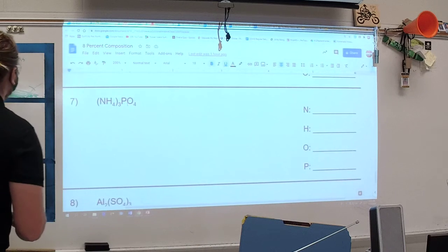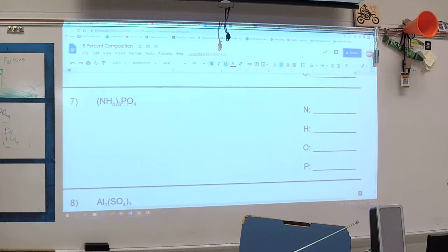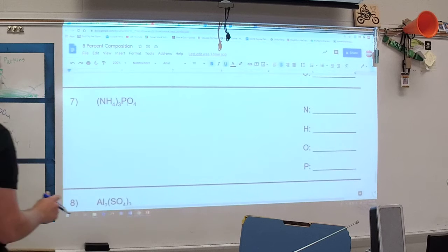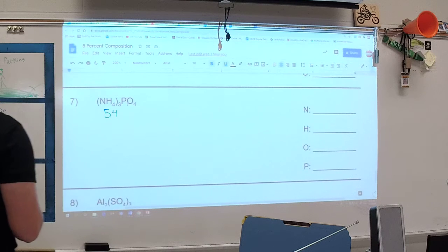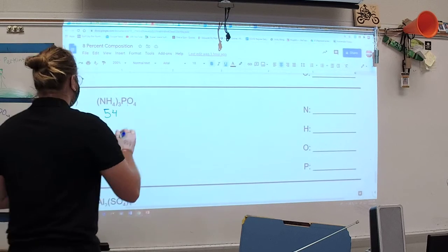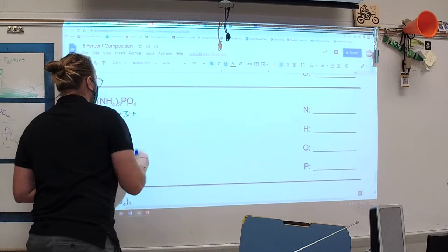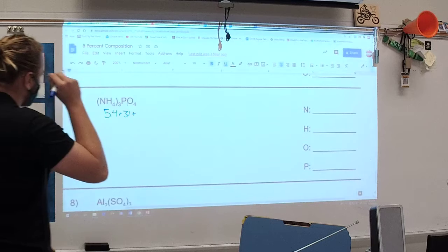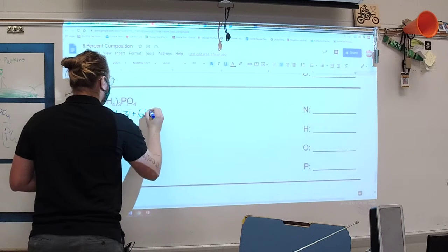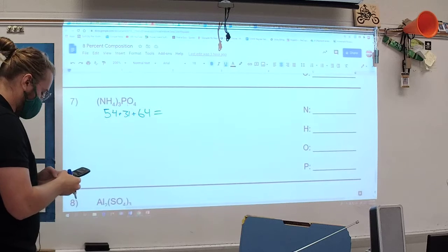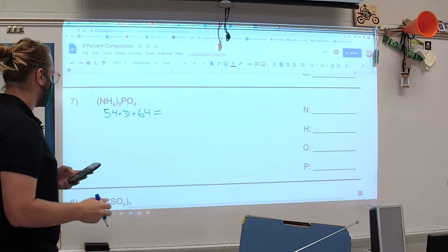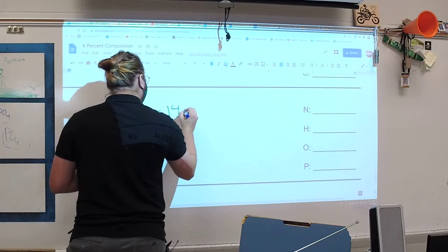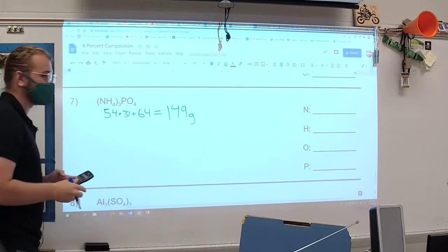NH4 times 3 is going to be 18 times 3, it's 54. PO4, so that's plus 31 plus O4, which is equal to 64. So this grand total is 54 plus 31 plus 64. I got 149 grams. Everybody else get that?